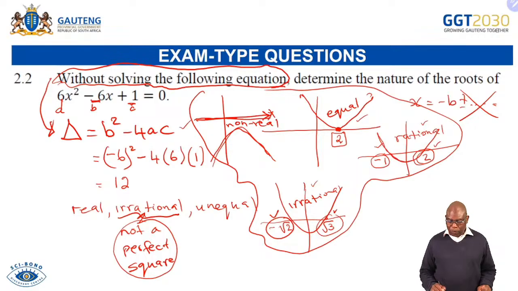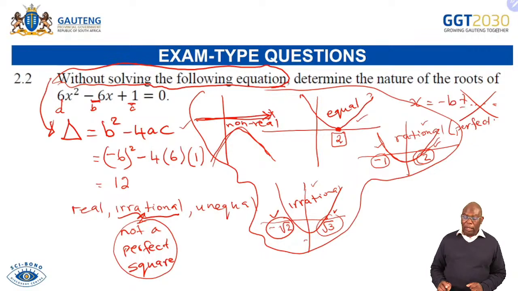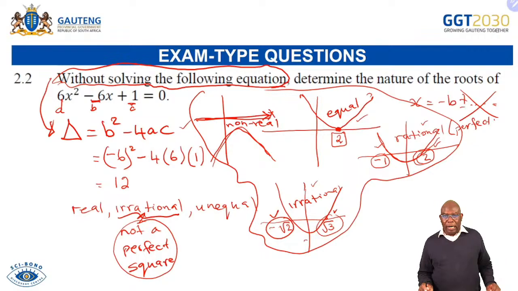This touches two places, but this will be a perfect square. And in this case here, it will be irrational roots. Okay, I think we're done with this section. That's about 5 marks, sometimes 5 to 7 marks. So please check question papers and let's do this question correctly this year, please.